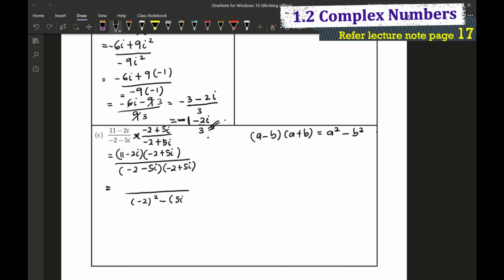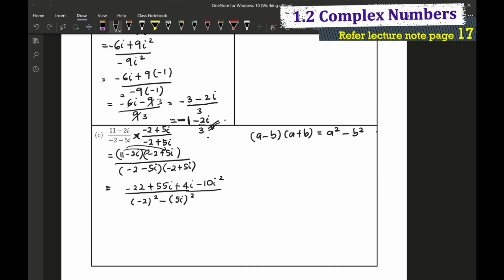Our a is -2, our b is 5i. The operation up here is -22 plus 55i plus 4i minus 10i squared.